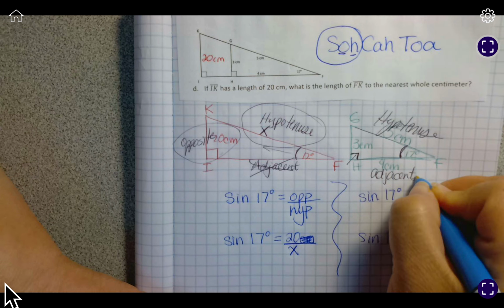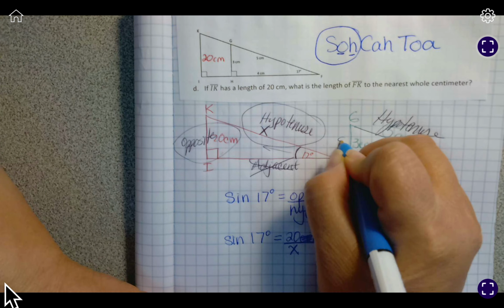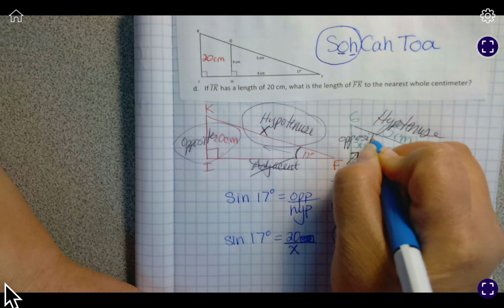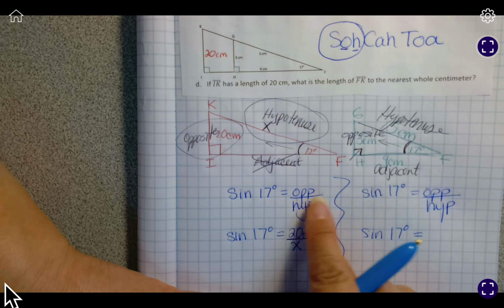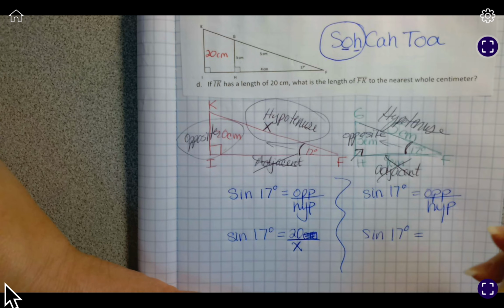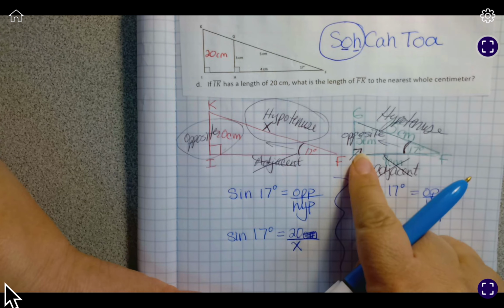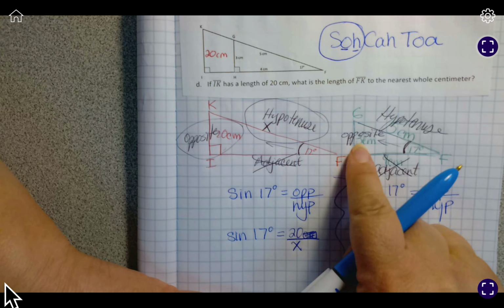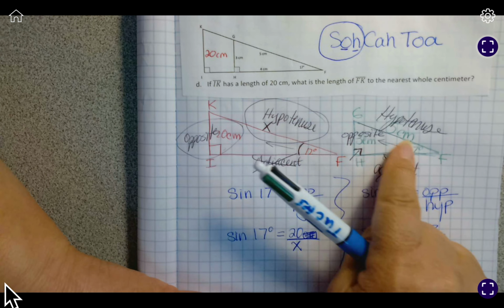And across from here is the opposite. And again, I'm sticking to opposite and hypotenuse, so I'm not even going to worry about that. The opposite here is 3 centimeters, and the hypotenuse is 5 centimeters.